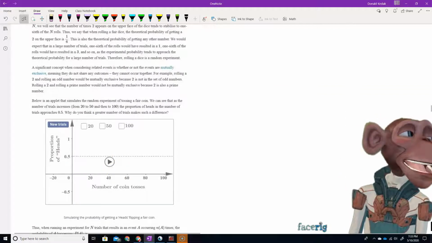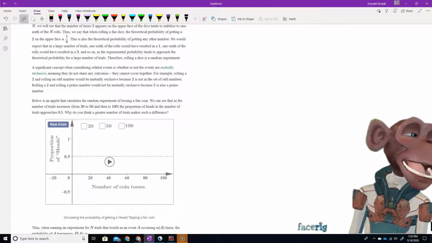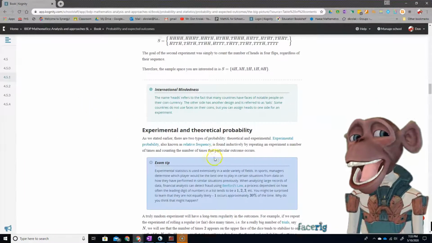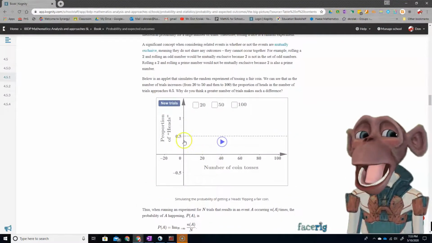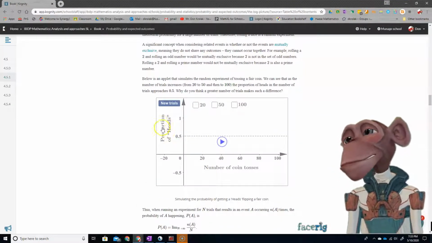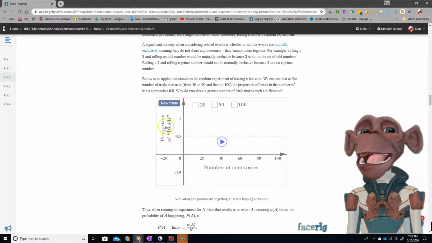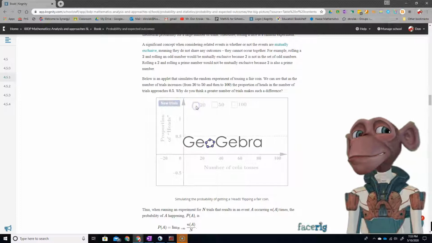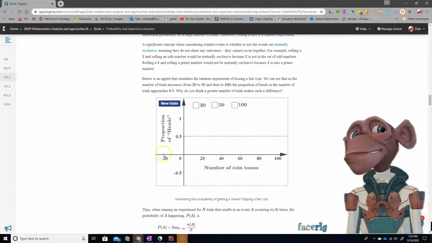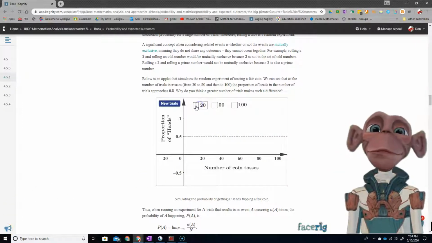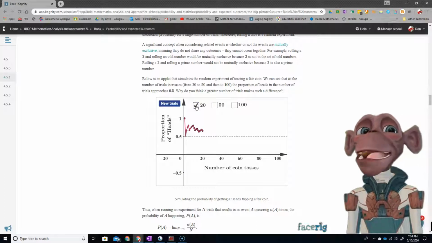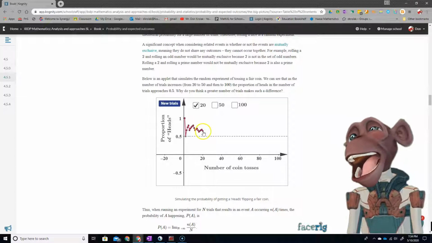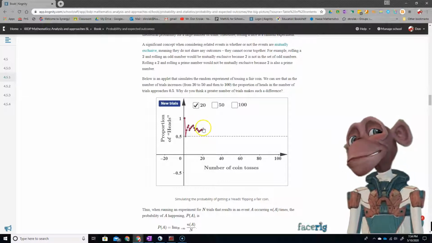When you click on this GeoGebra applet here, it's modeling the proportion of times that you have heads. Out of 20 flips, so that's 20 flips, right now the proportion's over a half.